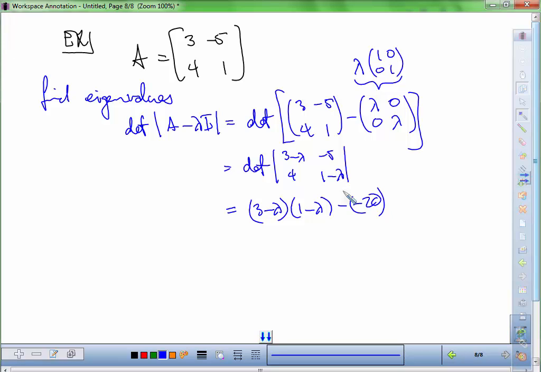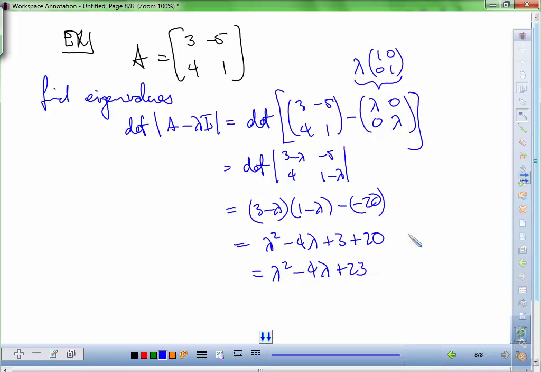So now it's just another second degree polynomial. It's just another quadratic. The lambda squared becomes positive lambda squared. The middle term is negative 1 minus 3, so negative 4 lambda. And then the last term is positive 3, and then we add 20 to it. Lambda squared minus 4 lambda plus 23.